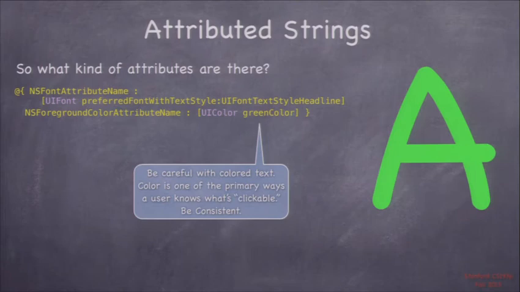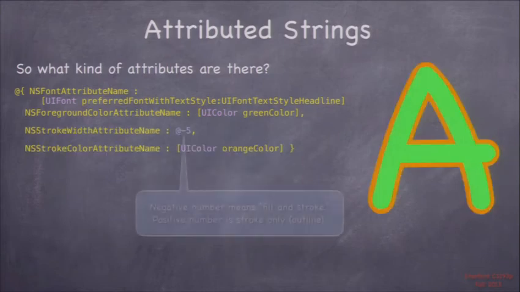But they can be different colors, like orange. It depends on what tint you want your app to be. But whatever the color of your app, that color you can usually tap on. That's the color of text on buttons, and text at the top of the screen that navigates places. So be careful not to set anything else to be that color unless you can tap on it. So be a little careful with color.